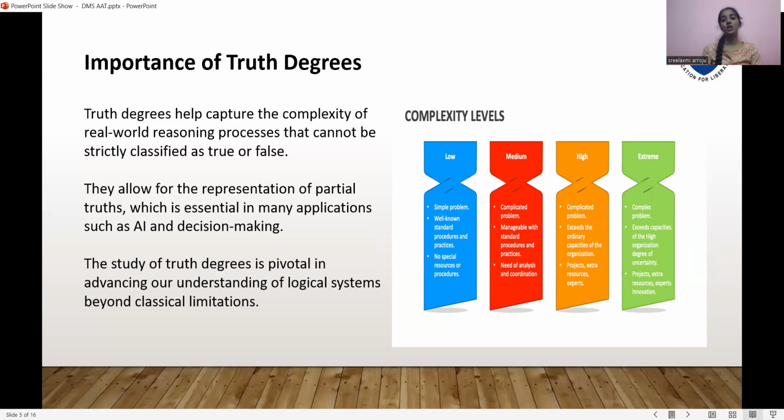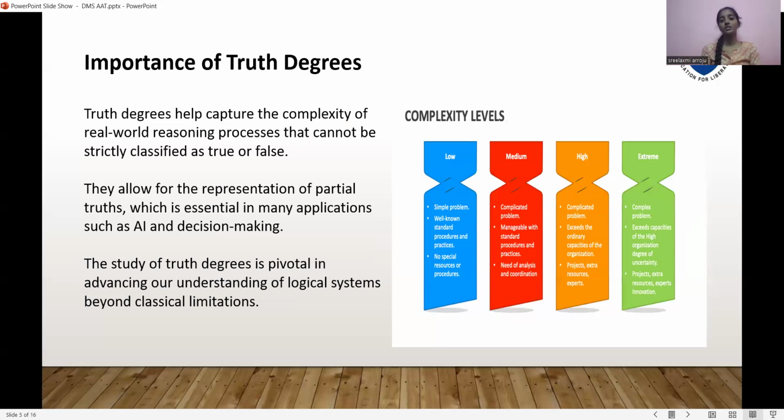Complexity levels. Low level: the simple problem, well known, standard procedures and practices, no special resources or procedures. Medium: complicated problem, manageable with standard procedures and practices, need of analysis and coordination.